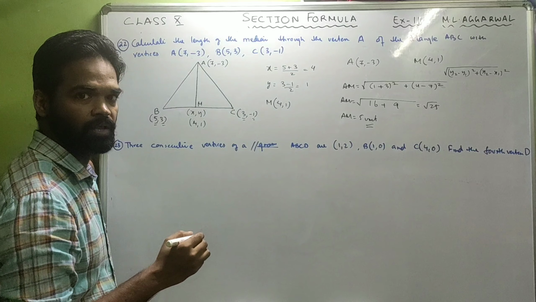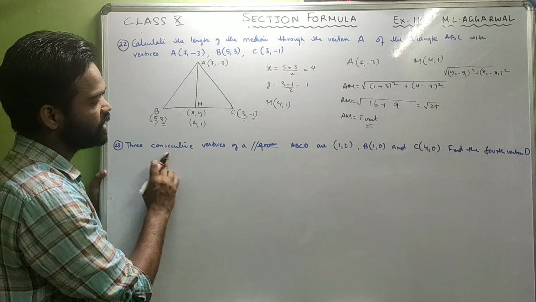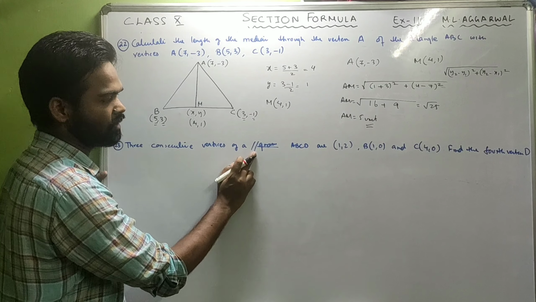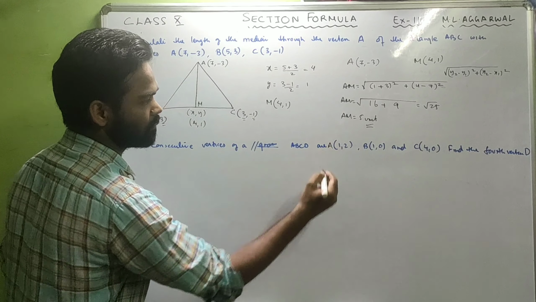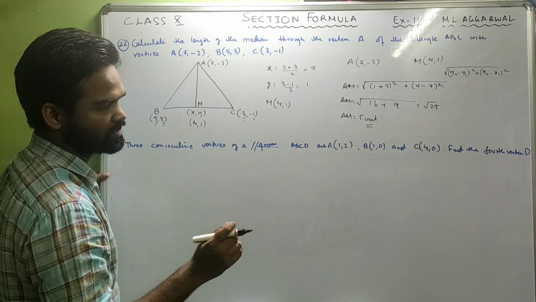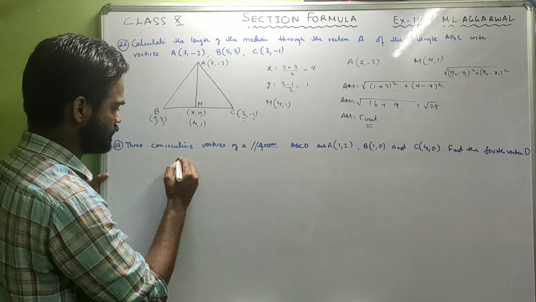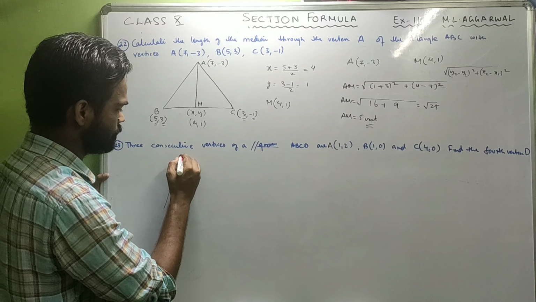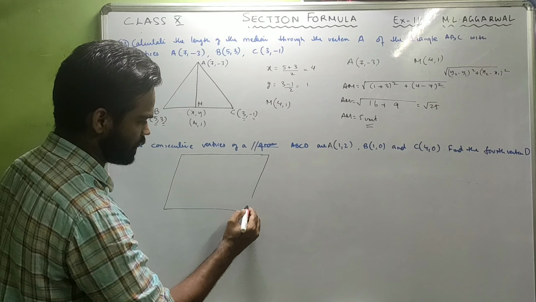Done. Now let us see sum number 23. 3 consecutive vertices of a parallelogram ABCD are A 1 comma 2, B is 1 comma 0 and C is 4 comma 0. Find the fourth vertex D. Very easy. Just draw the diagram and we should know the property of a parallelogram.